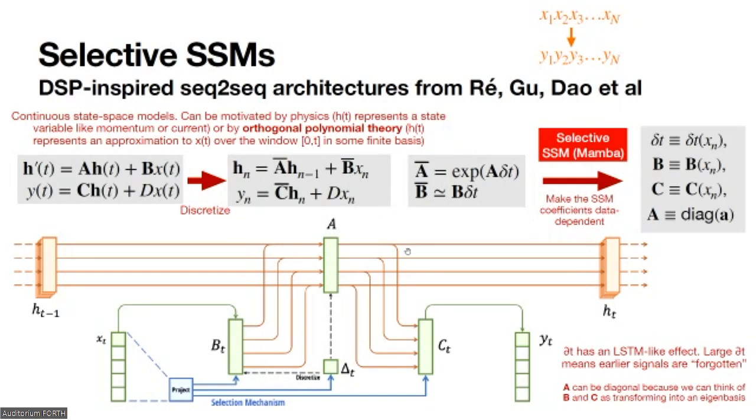And the insight of Gu and Dao developing the Mamba method is that if you work through the math and do a little Euler integration, or a finite time integration, over each of these time steps, then the length of the time step corresponds very much to the gating step that you see in an LSTM, in a recurrent network.